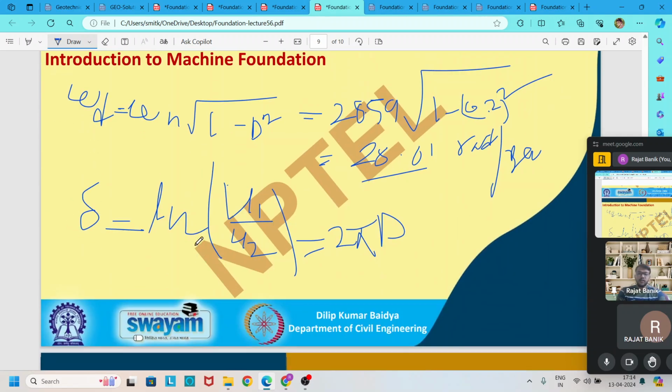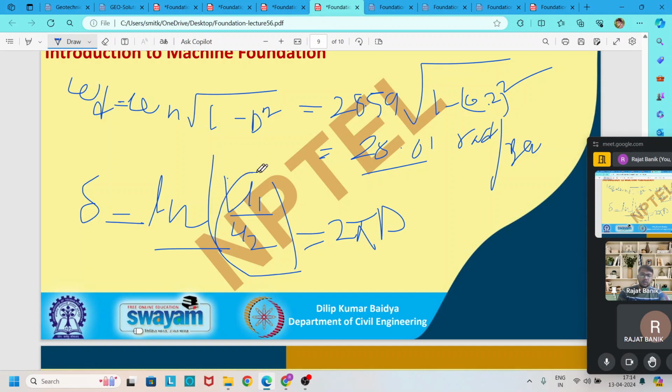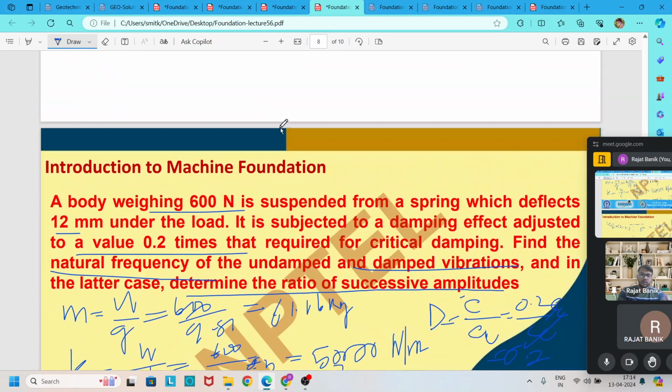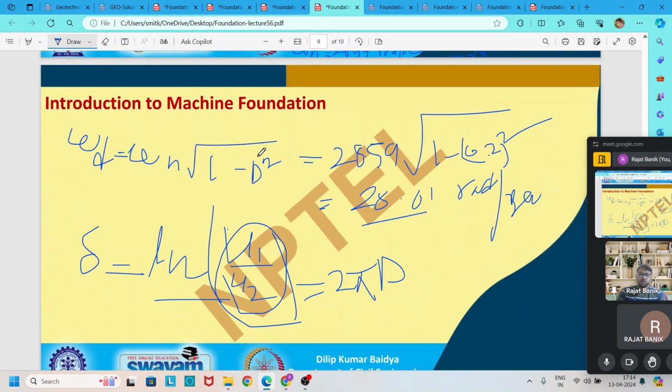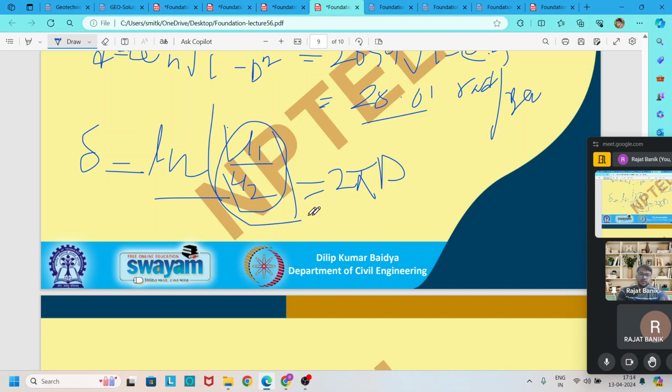So we have to find out this ratio of the successive amplitude. So the ratio of the successive amplitude, if you equate this term, it just becomes u1 by u2, which is equal to e to the power 2 pi into d. And put this value, e to the power 2 pi into 0.2.